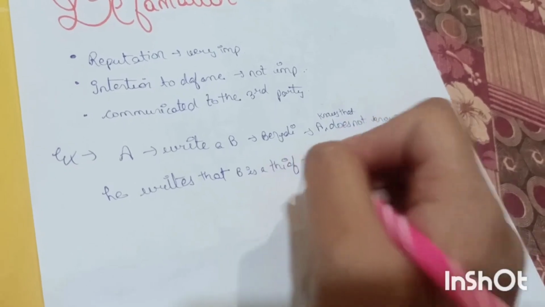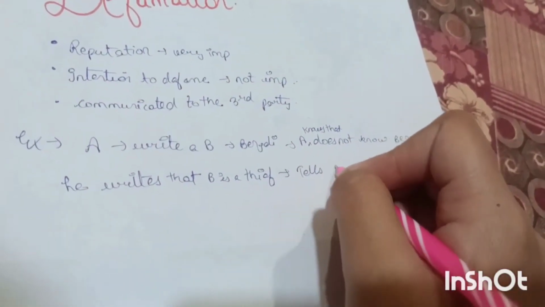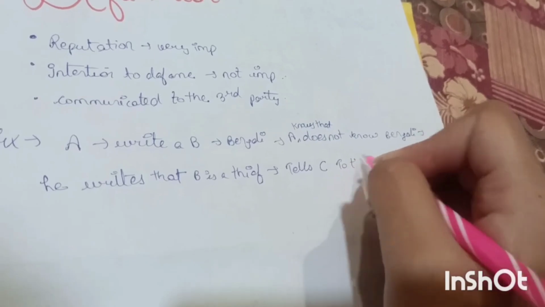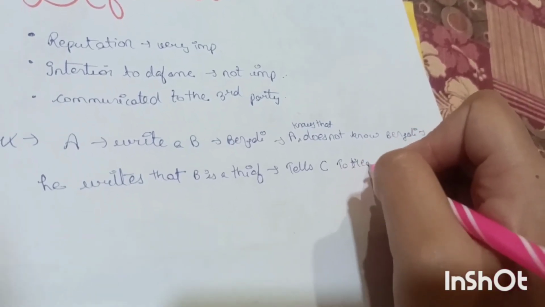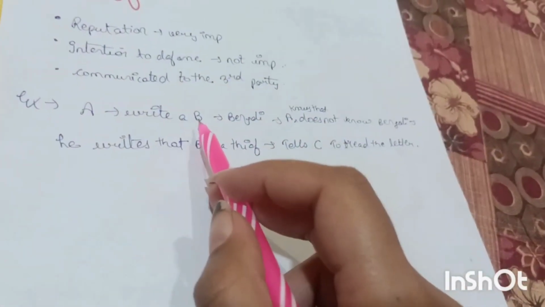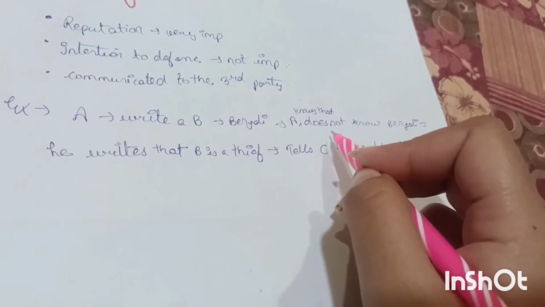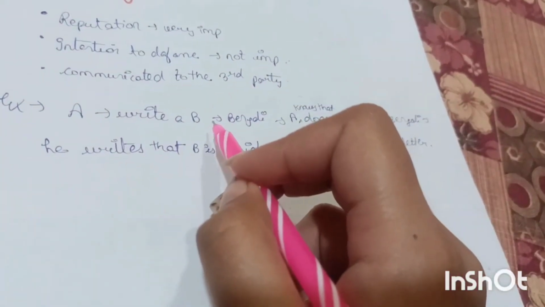And since B did not know Bengali, he tells C to read the letter. So in this case, you can see that the reputation of B was harmed in front of C. Over here, C is the third party and the reputation of B was defamed.